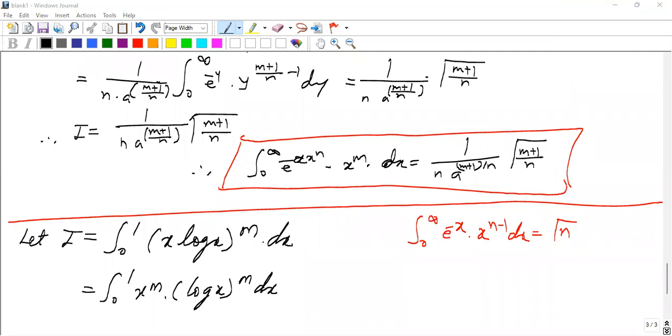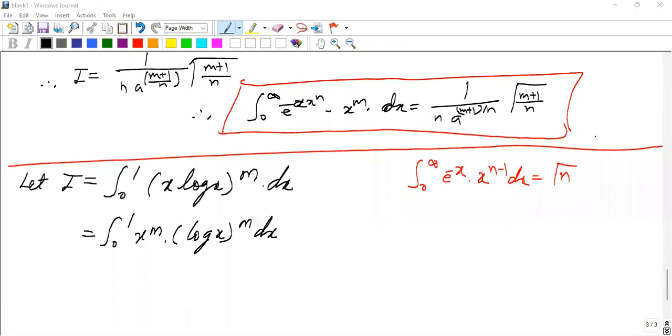Log of x can be considered as t. The log function can be easily converted to exponential as it is the reciprocal, or we can say the inverse, of the exponential.